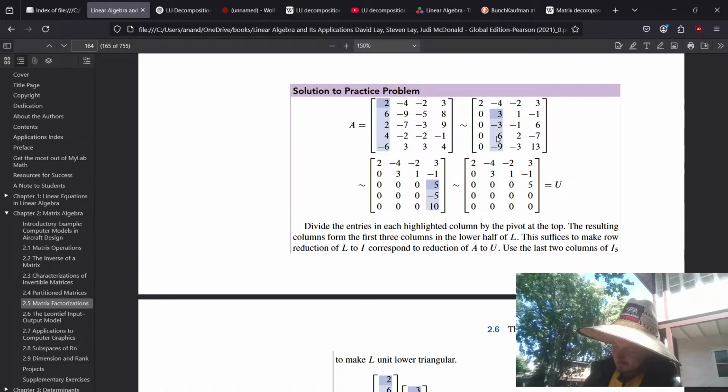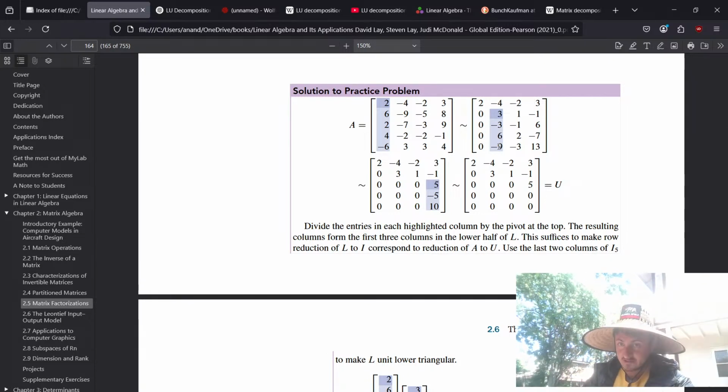And then the last one is going to be R5 equal to R5 minus 3 times R1. So we're going to get R5, which is minus 6, 3, 3, 4, plus 6, minus 12, minus 6, 9. 0, then the sum, 0, minus 9, minus 3, 13.